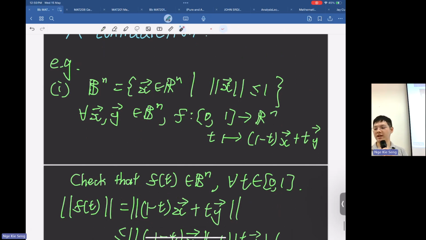But why do we call this a straight line path? Why is this a straight line path? A linear combination, yes, convex is defined using this kind of thing.